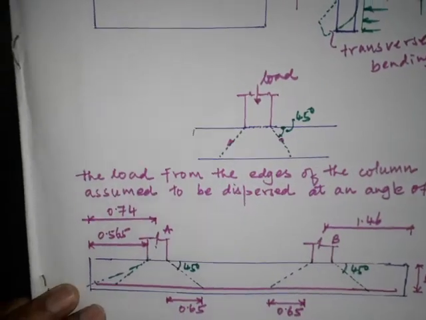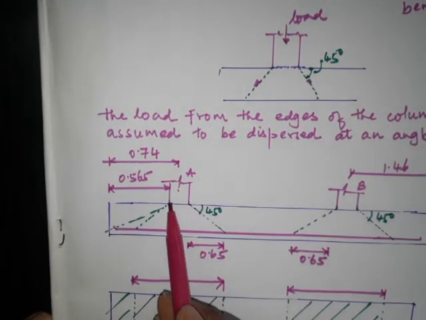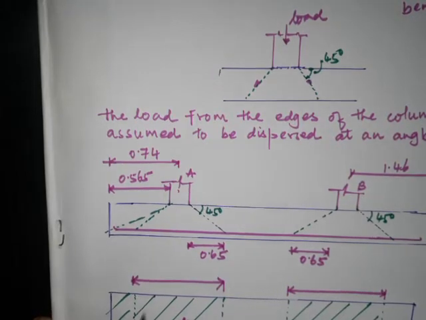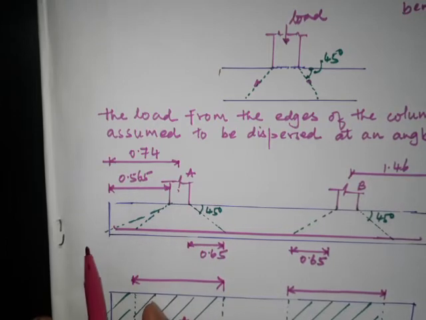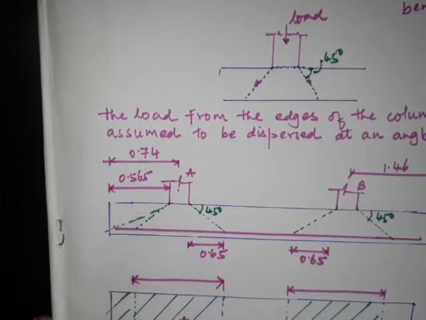Yes, here under column A it is 0.65 plus 0.35, that is the width or size of the column. The distance available is only 0.565. If suppose it was more than 0.65, then you have to take 0.65 only. Now this distance is less than 0.65, so the dispersion will go out of the edge of the footing. So that time you have to use 0.565 only.